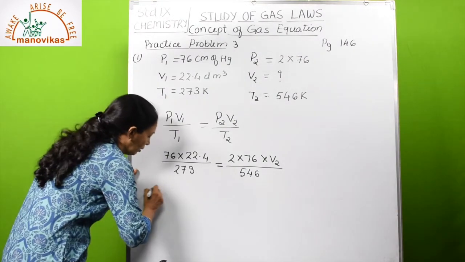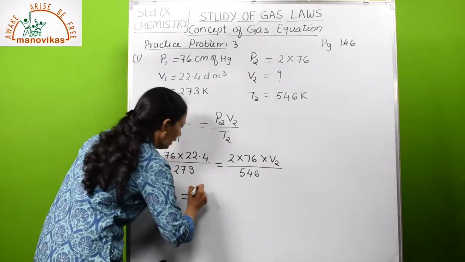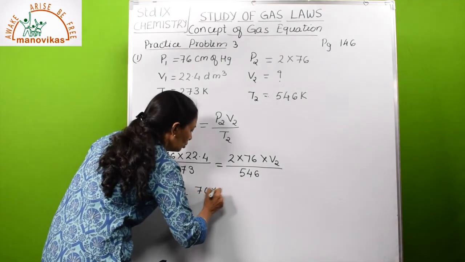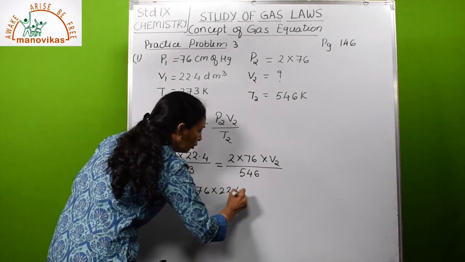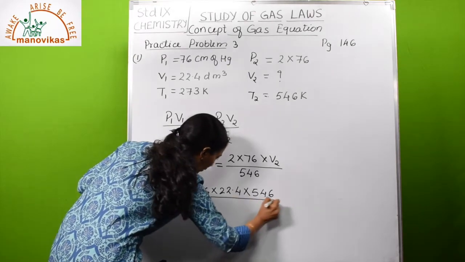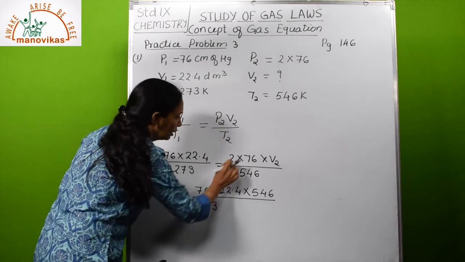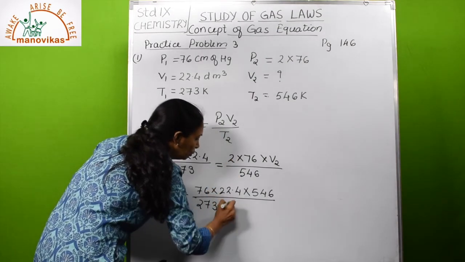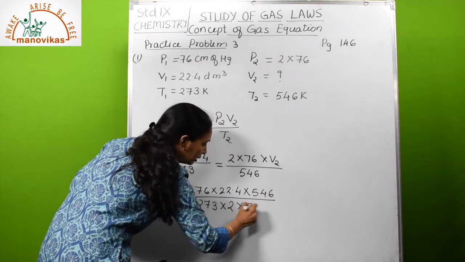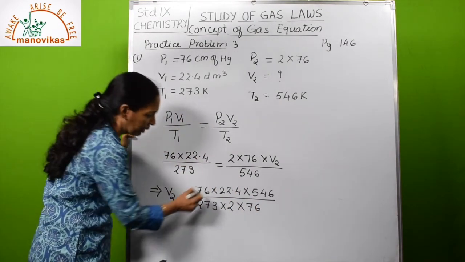Then what is V2 equal to? So multiply 76 into 22.4 into 546 upon 273 into 2 into 76. Then simplify. Very easy now to simplify.